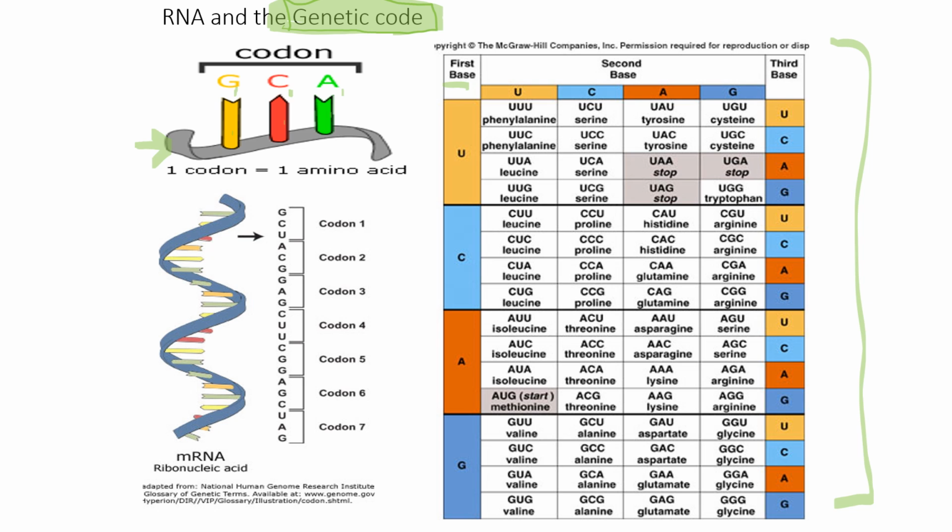Our first base is G, so we're going to be in this section of the table. Our second base is C, so we're going to be in this section. And then our third base is A, which is this one right here. So GCA in your messenger RNA represents the amino acid alanine.